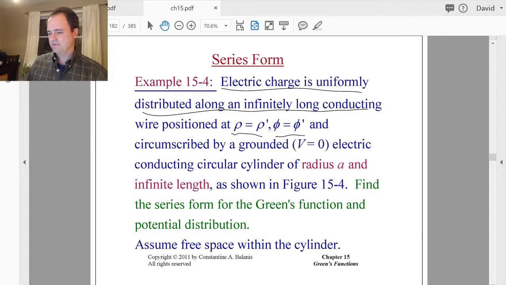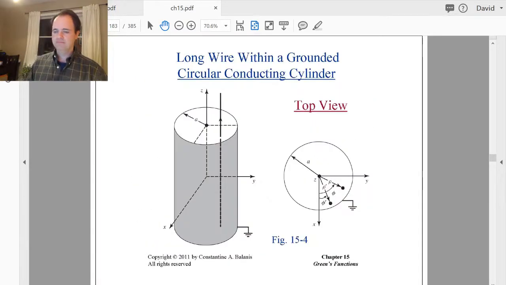Find the series form of the Green's function and potential distribution. Otherwise, assume free space in the cylinder. All right, so this is what we have for our problem.